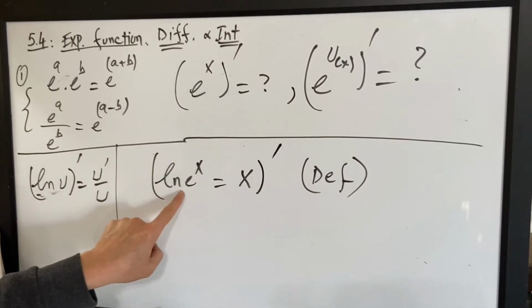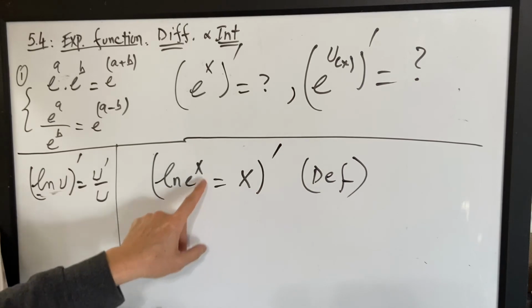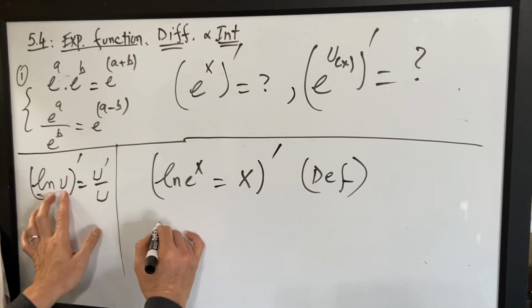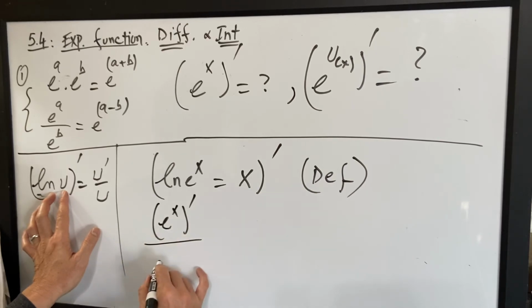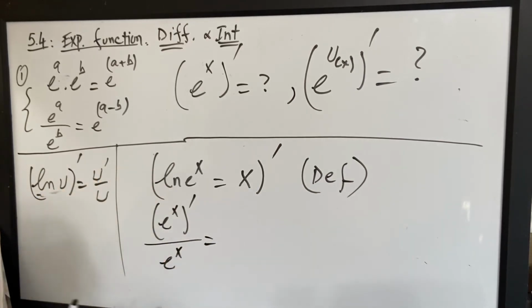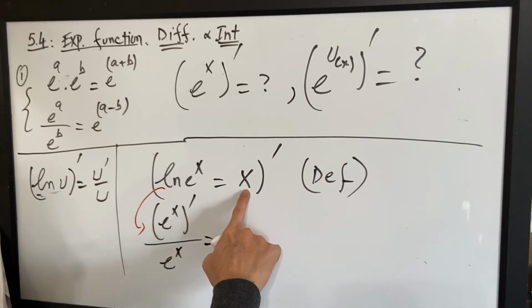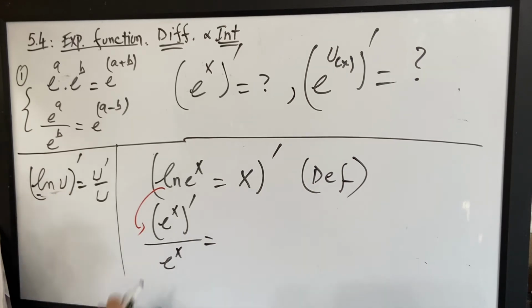There we go. ln e to the x, that's u right there. So you got what? The derivative of e to the x over e to the x. That's the left side. You see it? And what is the derivative of x right here? Correct. I heard someone say that. It's like finding the derivative of the inverse.